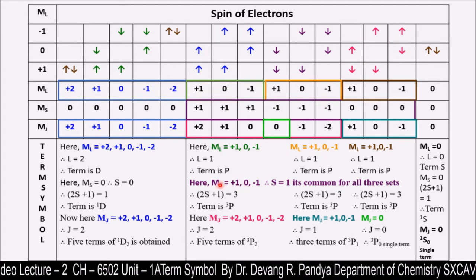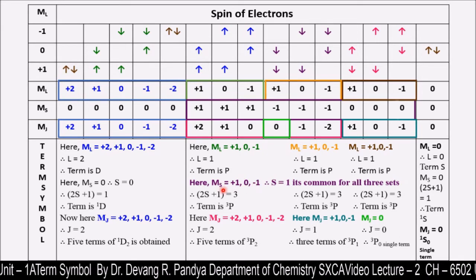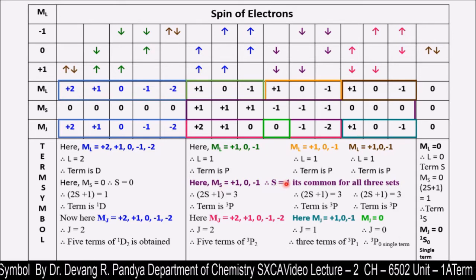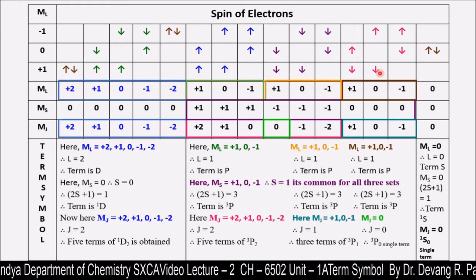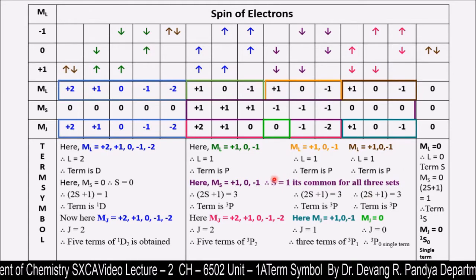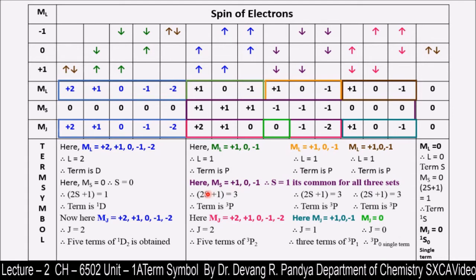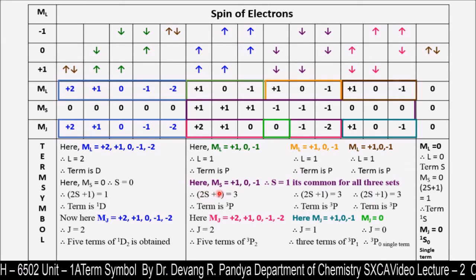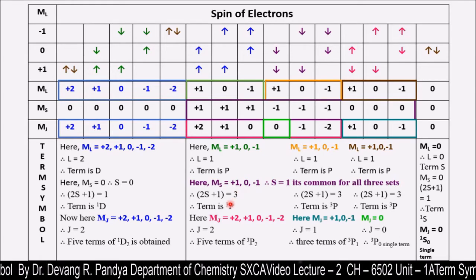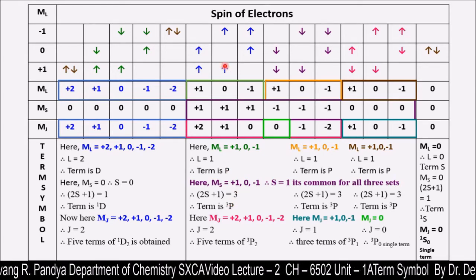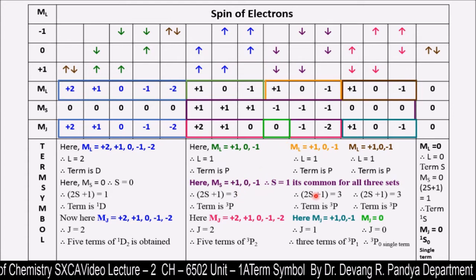So our M subscript S value would be +1, 0, -1. So S is going to be 1, and it is common for all these 3 sets. We have S equal to 1, and when we put that value in here, the spin multiplicity would be triplet. So spin multiplicity triplet would be common for all these 3 sets, triplet P.